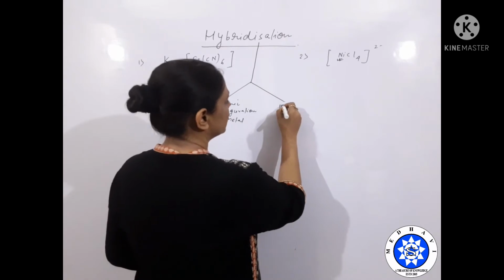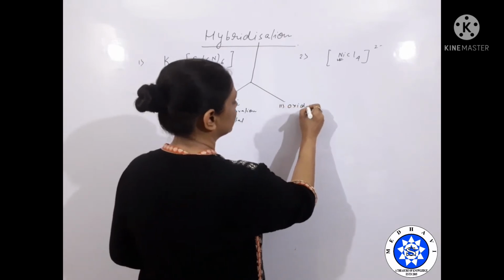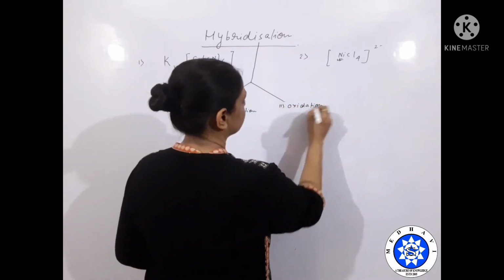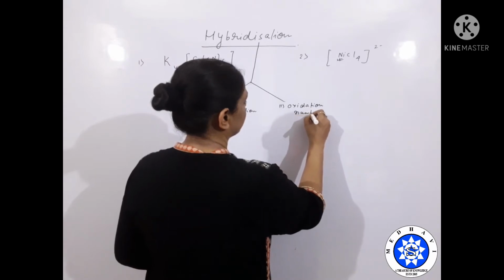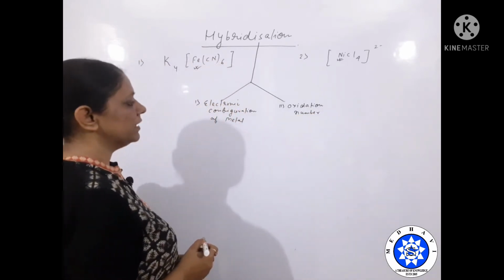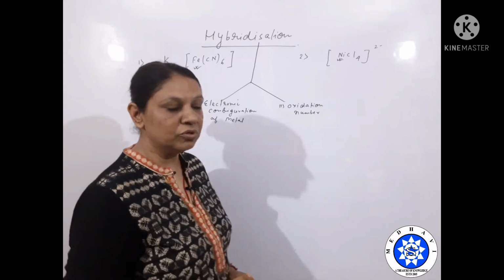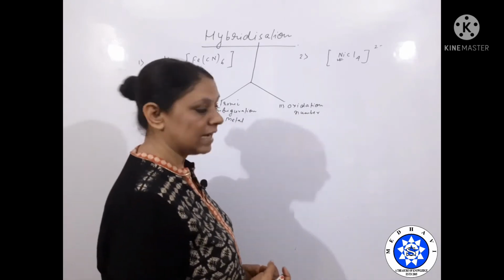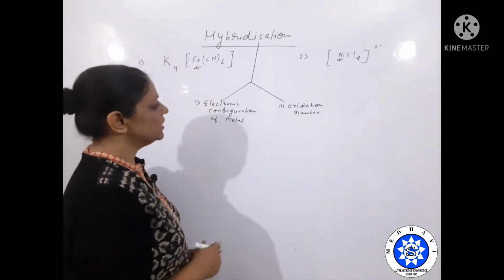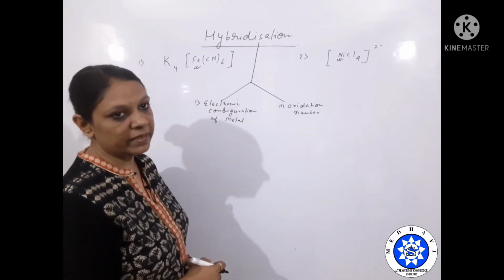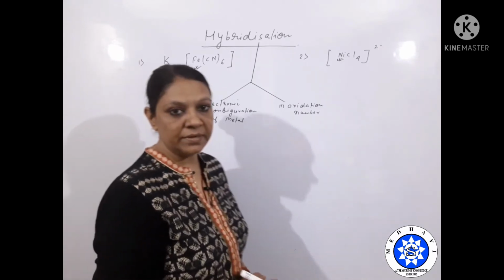And second is oxidation number of metal. The concept of electronic configuration and oxidation number both we have done in standard 11 class, and its application is going to be used in standard 12 and other competitive examination.